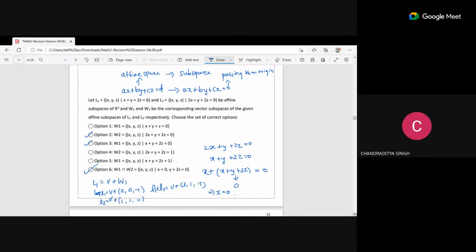This v can be any element of L1. You can take any v which satisfies this condition. So for L1 there is a different v and for L2 there is a different v. You can choose any v. You do not add both v's. This v is just any element of L1.